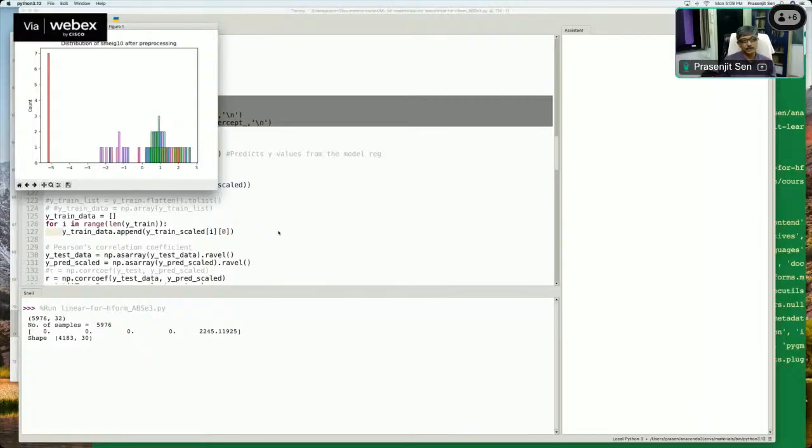And this is the distribution of the 10th eigenvalue after the pre-processing. So first of all, you see that the range has changed. Now it is somewhere between maybe -5.5 to 2.5, and there is still a peak at the lowest values, but the rest of it is more uniformly distributed.